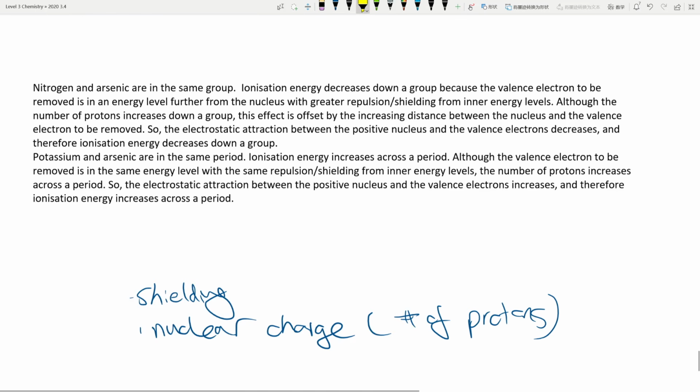So nitrogen and arsenic are in the same group. It decreases down the group because there's more shielding, because the valence electrons are further away. Despite having more protons, the repulsion from shielding is greater, so the extra protons are not as significant.